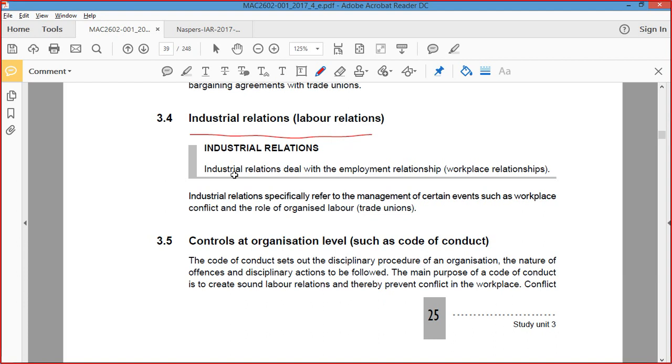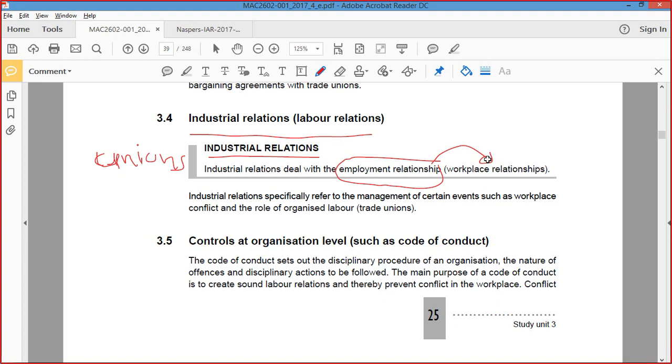All right, then we've got industrial relations. This is looking at labor relations. Best way to look at this would be unions. Unions deal with the employment relationship, workplace relationships. This is looking at the employee and the employer and what sort of relationship they have.